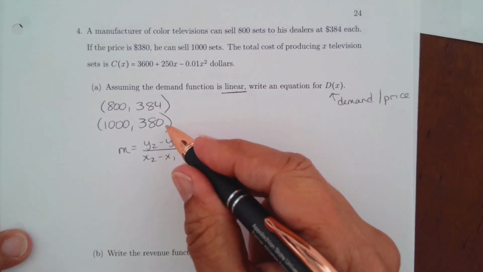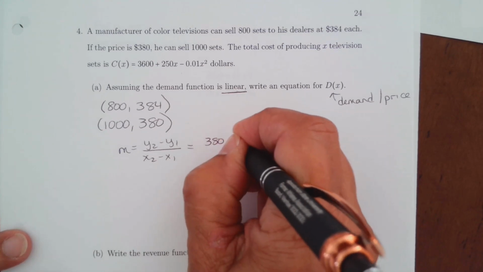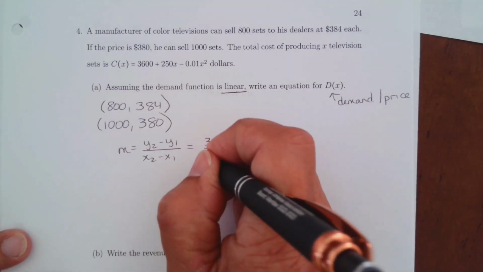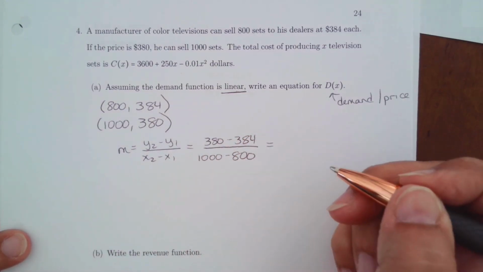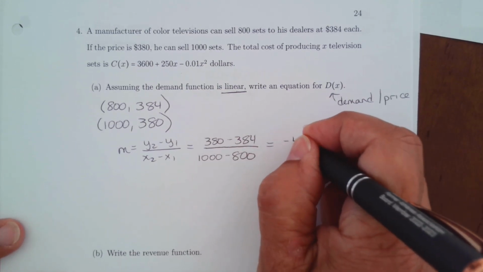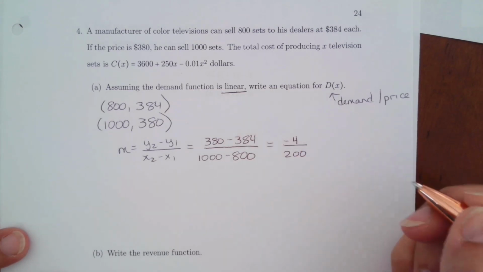All right, so we're going to do 380 minus 384 in the top. Make sure you do them in the same order, 1,000 minus 800 in the bottom. Okay, so in the top, 380 minus 384 is -4, and in the bottom, I get 200.